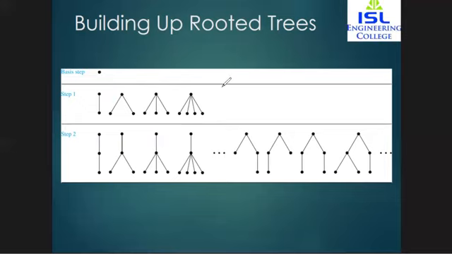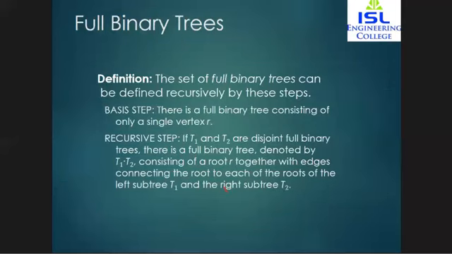After that we have something known as binary trees, a topic which you also study in discrete structures. A binary tree is a special type of rooted tree, where each vertex will have only two children. The set of full binary trees can be defined recursively by these steps.